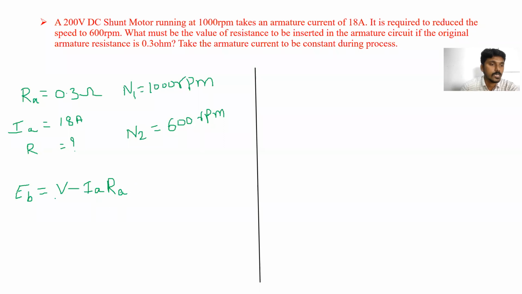When the motor is having armature resistance Ra and speed N1, whatever EMF is developed by the motor can be considered as Eb1. So Eb1 is equal to V minus Ia Ra. What is the value of V given in the numerical? 200.